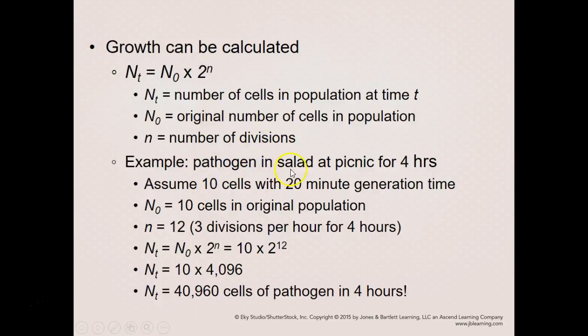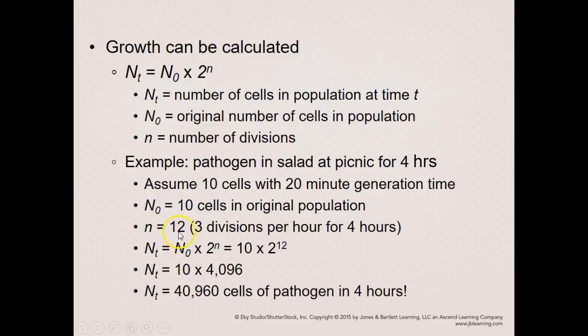So say we left pathogens in a potato salad at a picnic for 4 hours, and we started with 10 cells. Let's assume that there's a 20-minute generation time. So that means that they double every 20 minutes. So N sub 0 is 10. That's this number.